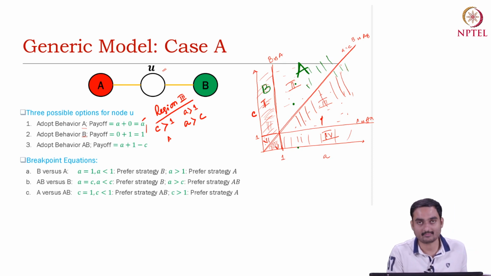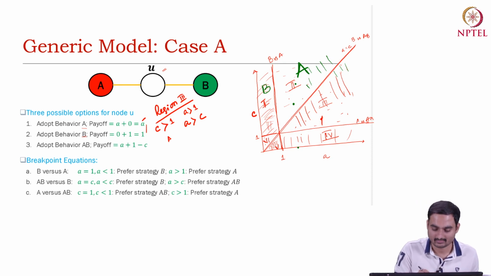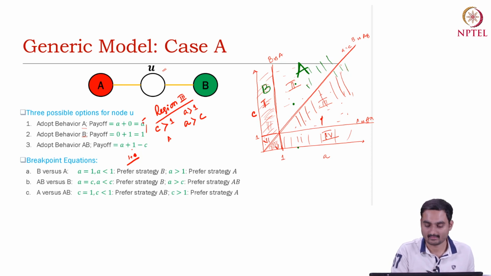A minus C is now positive, and you are adding some positive number to 1. Whether 1 plus that positive number would be greater than A or not, A is also greater than 1. So what would happen? A would be chosen here also. So this would be A.